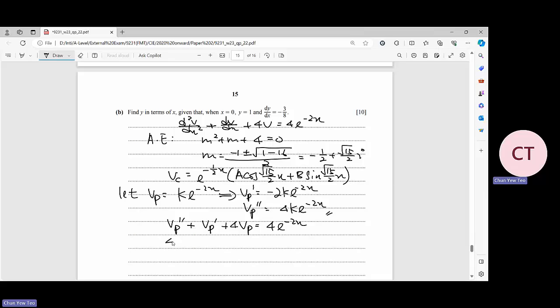So you will get 4k e^(-2x) minus 2k e^(-2x) plus 4e^(-2x) equal to 4e^(-2x). Okay, so you can see that, oh, sorry, I missed out k. There's a k here.